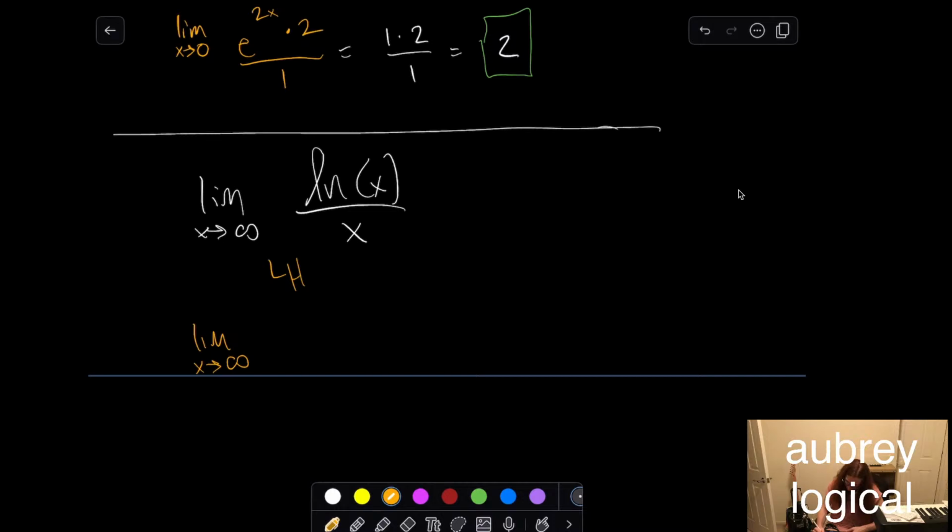So we take the derivative of ln of x, which just becomes 1 over x, over 1. And now we can already plug in because there's no variable on the bottom anymore. So 1 over infinity is going to be a very, very small number, approaching 0.